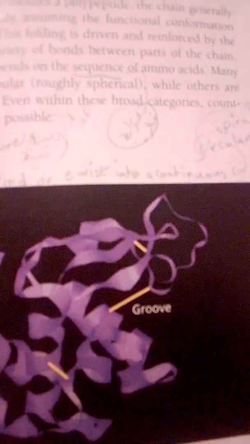This folding is driven and reinforced by the formation of a variety of bonds between parts of the chain, which in turn depends on the sequence of amino acids. Many proteins are globular, roughly spherical, while others are fibrous in shape.